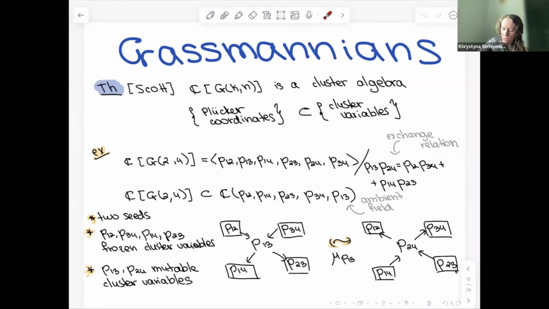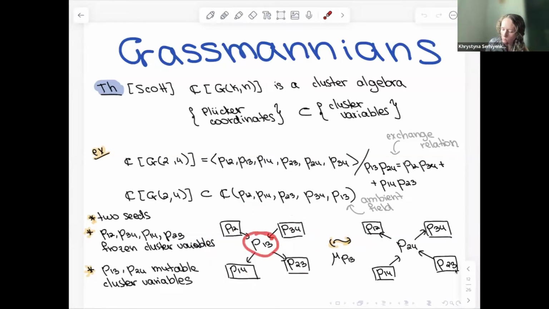It has just one mutable vertex. The quiver would be as follows. You have P13, the mutable cluster variable, and these four other ones, which are frozen, so you would never mutate at that vertex.